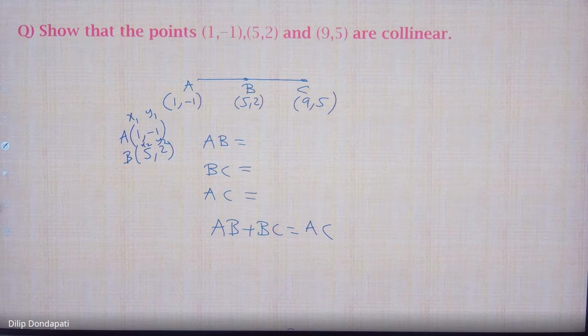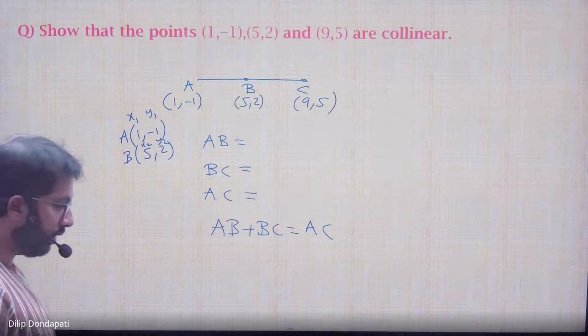Sir, it's collinear. How much did you get for the distances? 5, 5, 10.